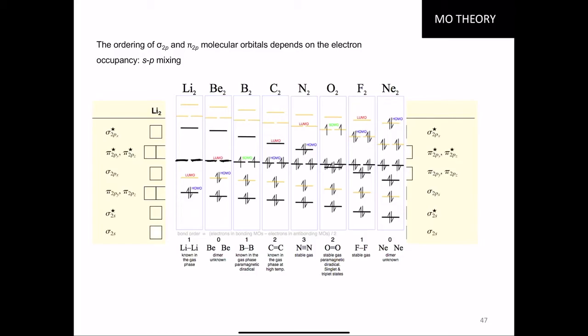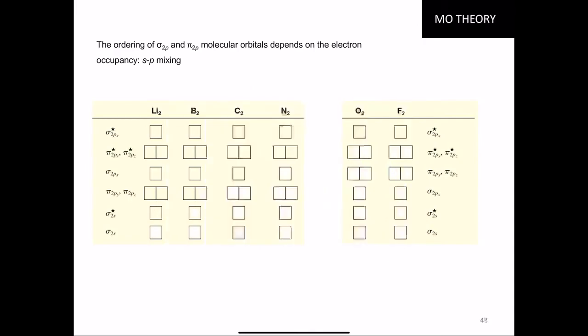This sigma star is lower energy than expected, and this guy's higher. And so that changes the order. And as you get down to O2, the order becomes as we expect. So that orbital mixing effect is less. We don't worry about it. All right, so you need to recognize that for everybody up to nitrogen, pi 2p comes first, and then for oxygen and fluorine, it'll be sigma 2p first.